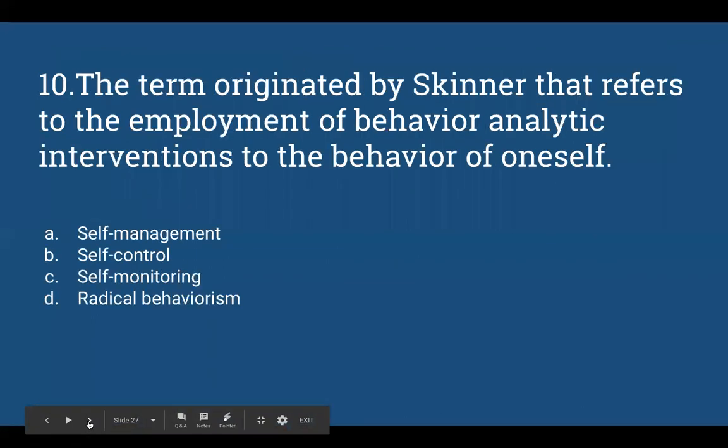Okay, so the term originated by Skinner that refers to the employment of behavior analytic interventions to the behavior of oneself. Is it self-management, self-control, self-monitoring, or radical behaviorism? Self-management.